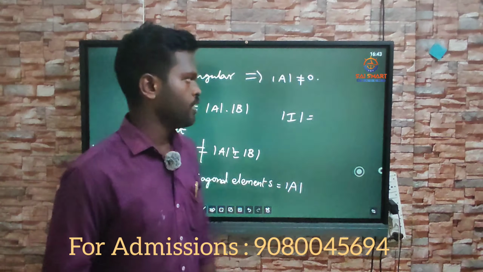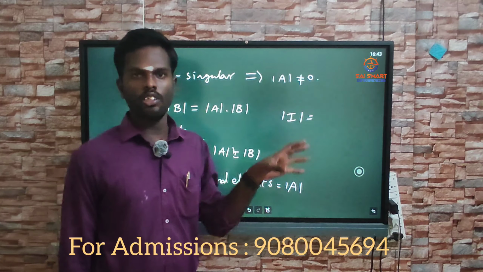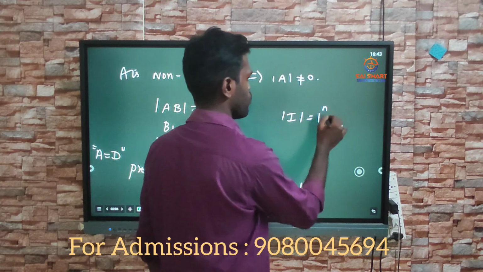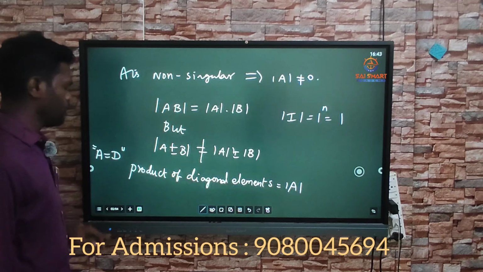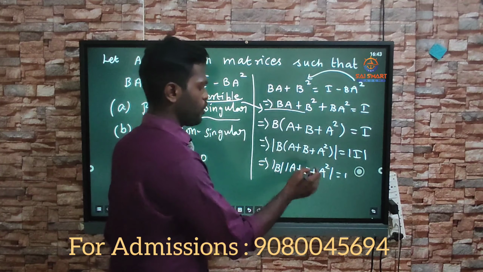That is a known fact. Identity matrix means whose leading entries are 1 and other entries are 0. So the product of leading entries must be 1 power n, which is 1, where n is the order of the identity matrix. So determinant of I must be 1.